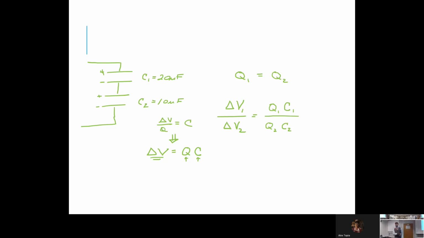The charge on the first capacitor is the same as that on the second because they're in series. So I can cancel. And so I discover that the drop across the first capacitor as compared to the second is simply the ratio of the two capacitances. And 20 divided by 10.